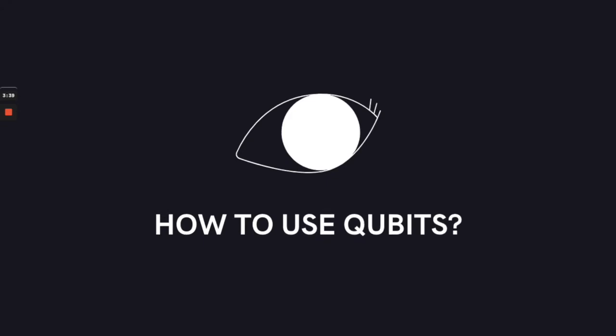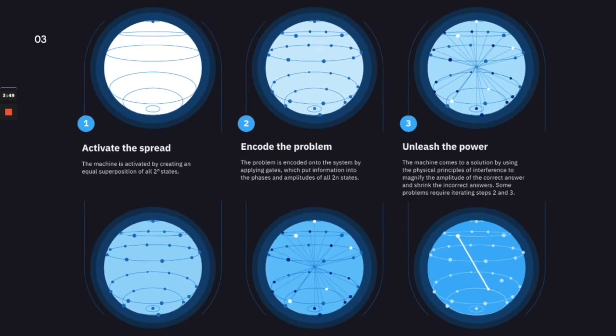And then we wonder, how do we use those qubits? We talked about what they are and a little bit about how they work, but how would they help us? Here is a picture from IBM, a huge company, and they're working on quantum computers.